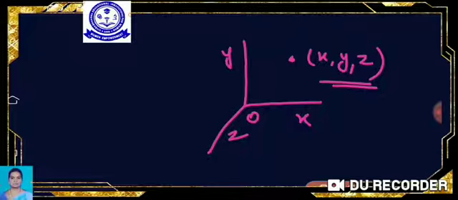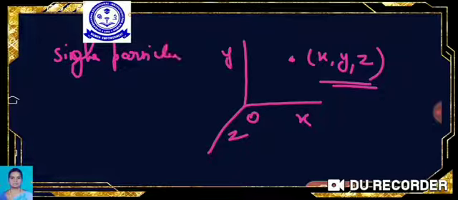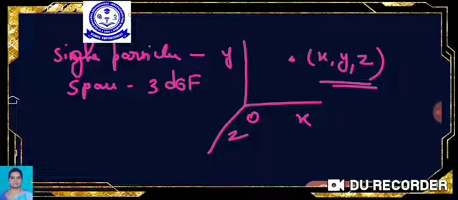In our real life example, when a single particle moves in space, it has 3 degrees of freedom. For example, a bird flying in the sky.